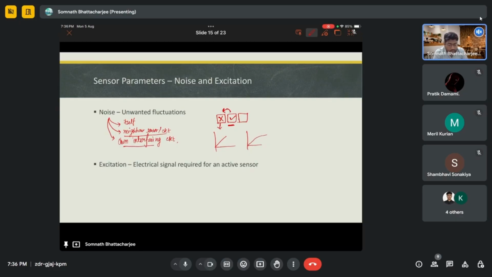And also its own interfacing circuit. The interfacing circuit is a very important part. This is where the sensor is connected to your main instrumentation. There are certain interfacing circuits always, like in a piezoelectric sensor where you press the material and it gives a certain amount of voltage. The voltage amount for an organic material is very low, even in the millivolt range.